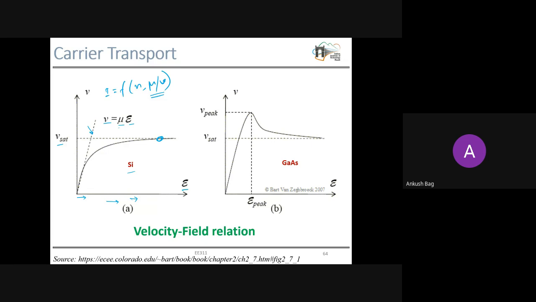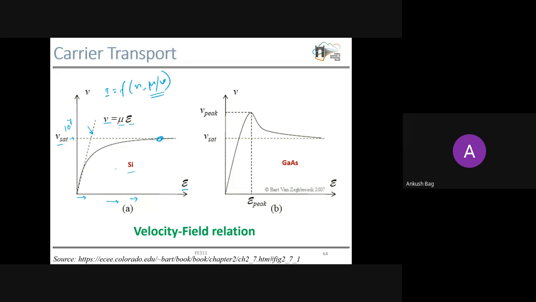So this is called saturation velocity. Above this saturation velocity, remember, this is an intrinsic material property. If we take silicon, the carriers in the silicon cannot have a higher velocity than this. The exact value, I think, is of the order of 10 to the power 7 centimeter per second. So above this, your velocity will not go.